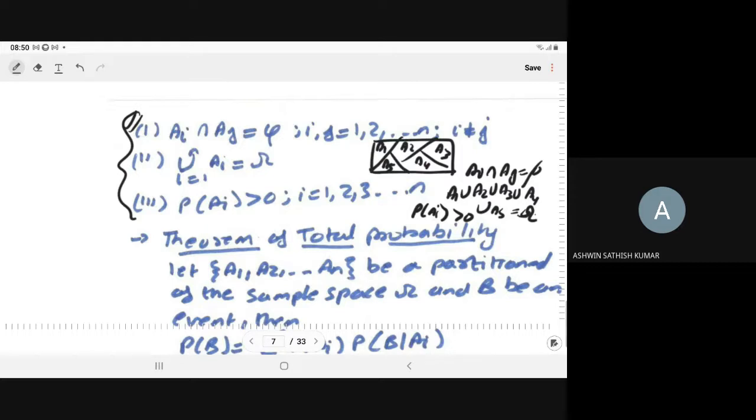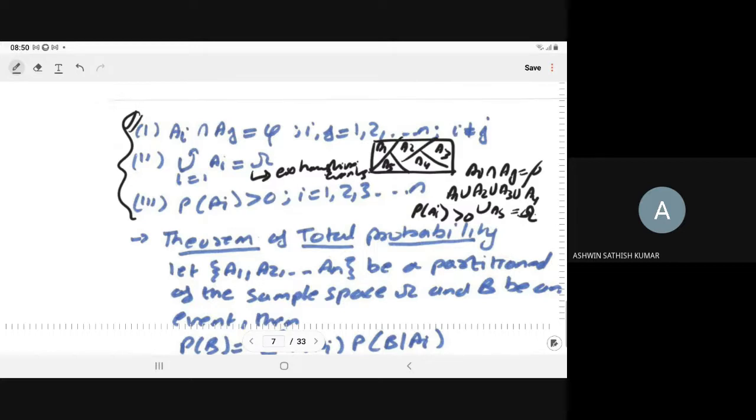Such kind of things are known as exhaustive events. In many books you will find it as mutually exclusive and exhaustive, meaning we are talking about the partition.